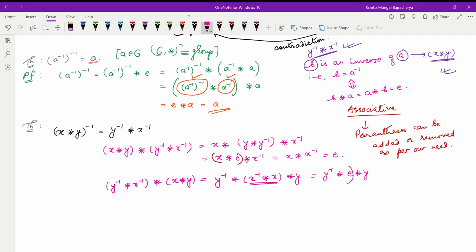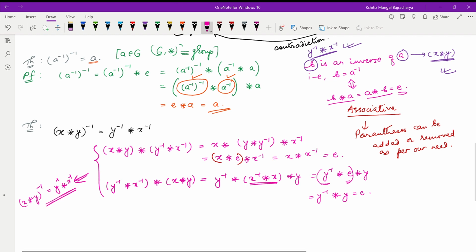Now let's put the parentheses here. Something star identity means the other element itself, which gives E. So we see that A star B, B star A is equal to E. So from these we can conclude that x star y inverse is equal to y inverse star x inverse. Okay, that's how we do it.